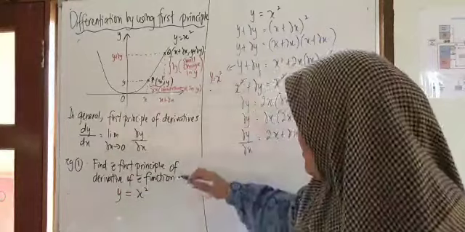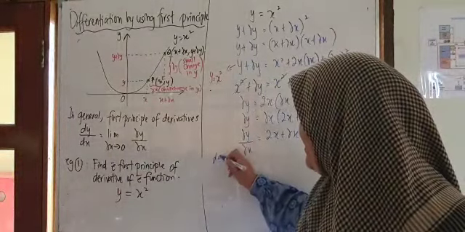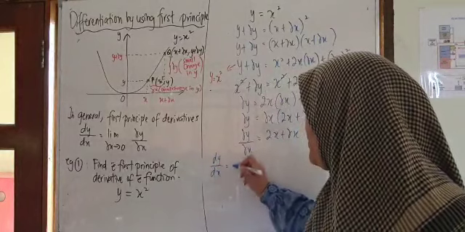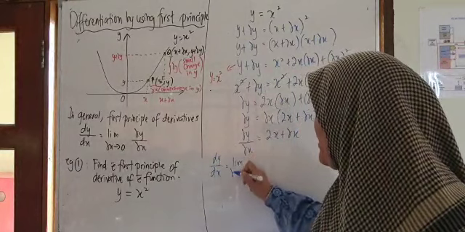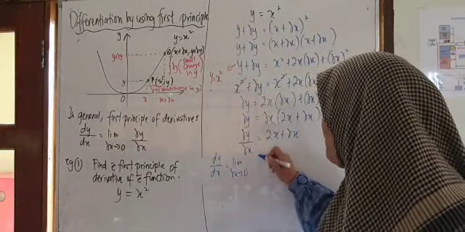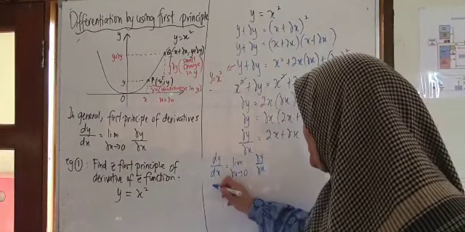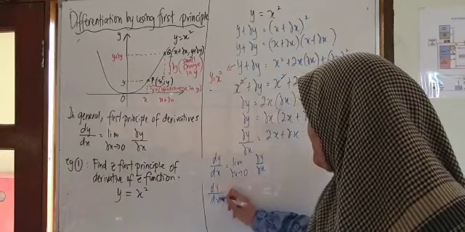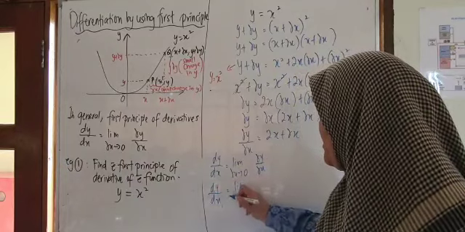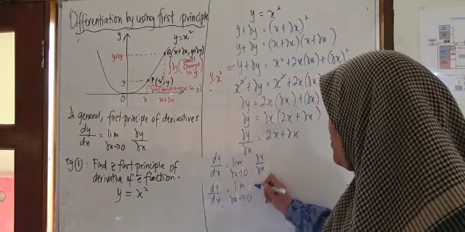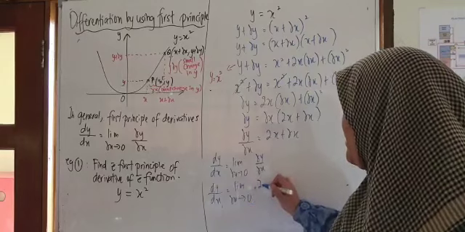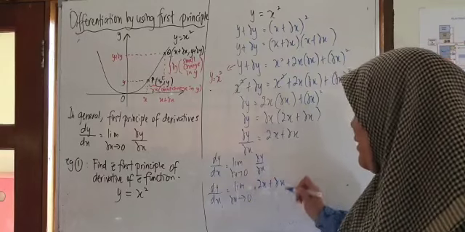So dy/dx equals the limit as delta x approaches 0 of delta y over delta x, in which dy/dx equals the limit as delta x approaches 0 of 2x plus delta x.